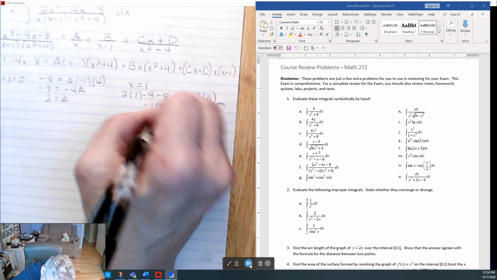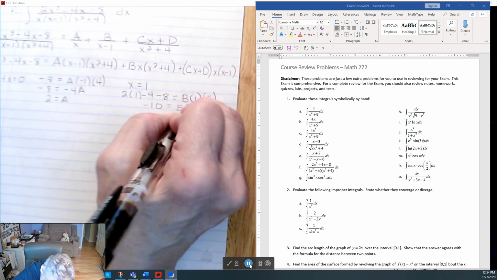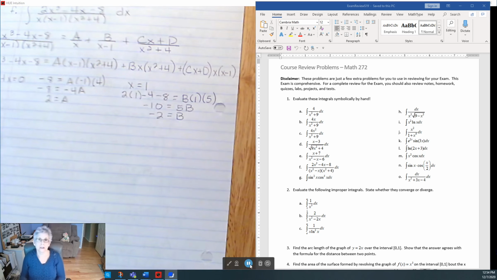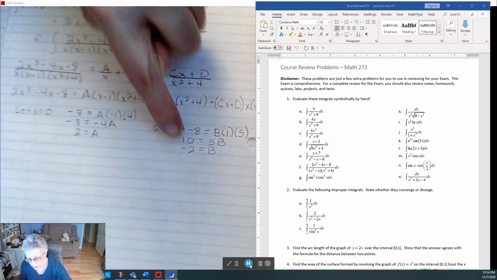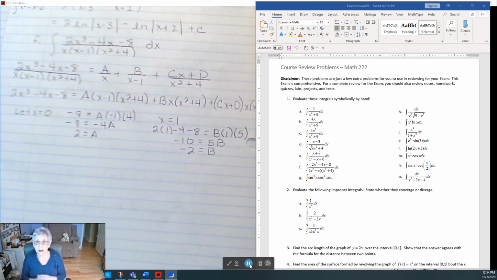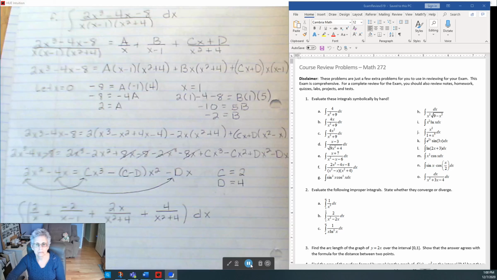Looks like minus 10 equals 5b. So b is equal to minus 2. I'm going to plug in 2 for a and minus 2 for b and do some algebra and meet you back here because you don't need to watch me do algebra.